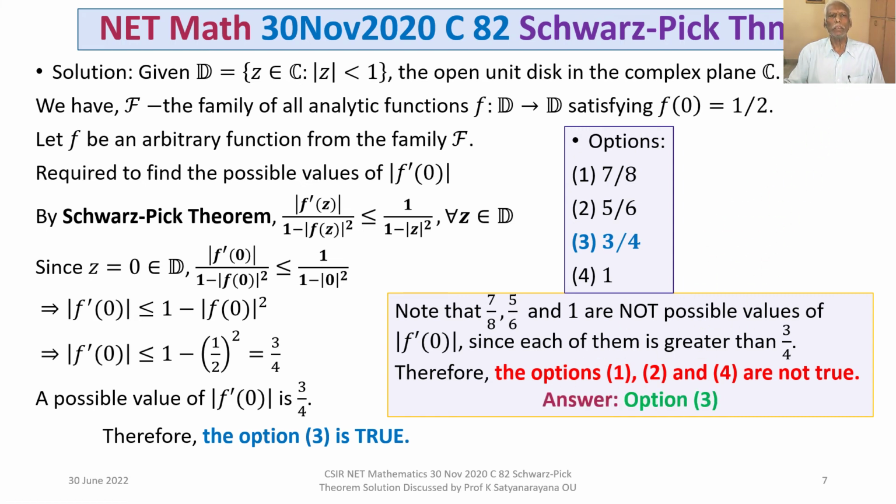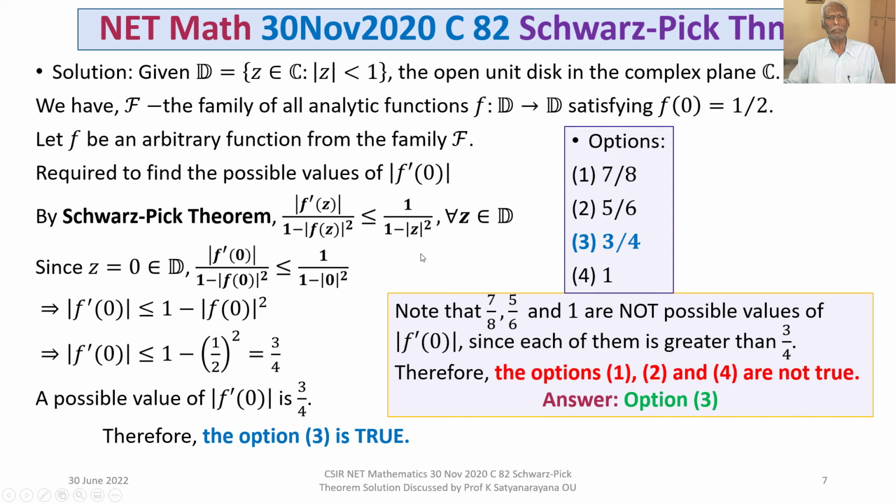So, that is the discussion of the solution of the given problem, and it is based on the Schwarz lemma. We have used a variant of the Schwarz lemma called the Schwarz-Pick Theorem.